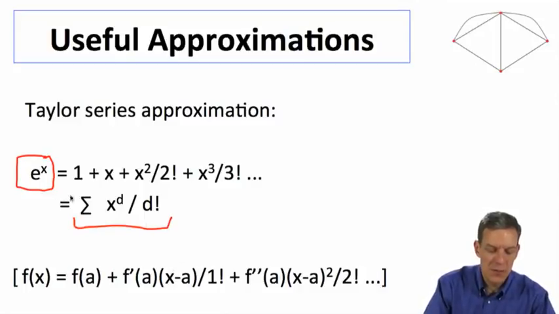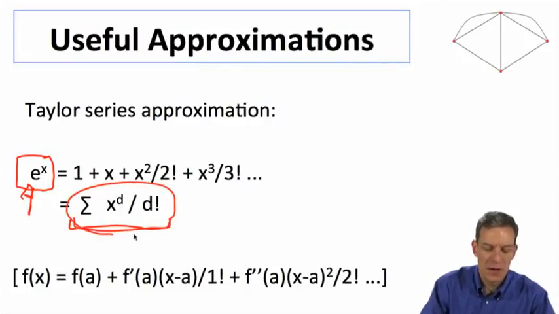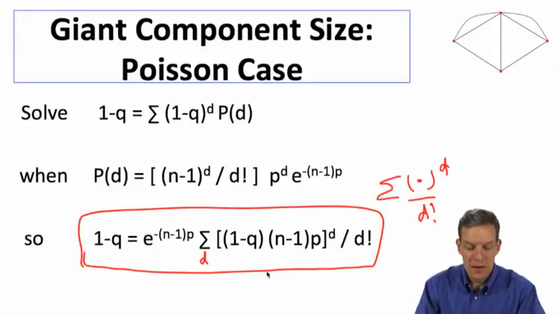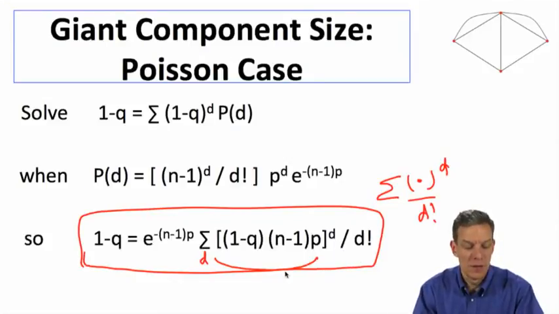So the Taylor series tells you that e raised to some power x is the same thing as summing x to the d over d factorial. So you've got a nice expression here, and when we go back, we're summing something to the d over d factorial. That's going to look like an exponential.